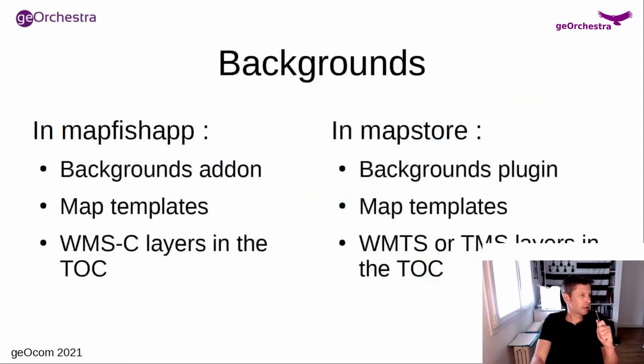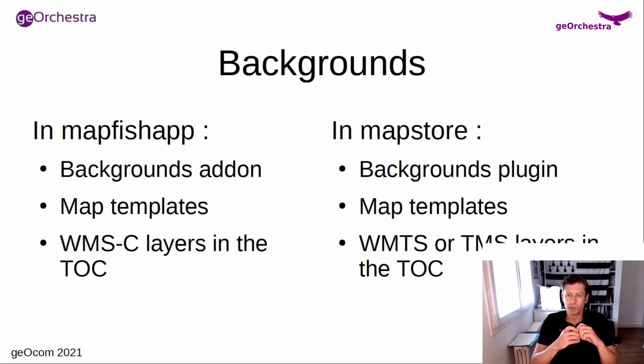Backgrounds. The backgrounds are quite similar in MapFishApp and in MapStore. You have a notion of backgrounds, and the backgrounds could be added by map templates. In MapFishApp, you load map templates in order to have base layers, ortho layers, city map.